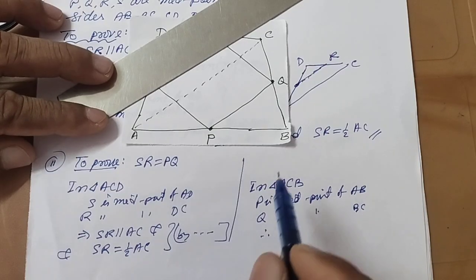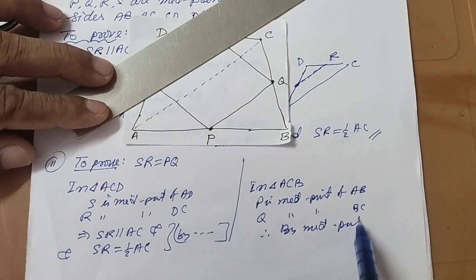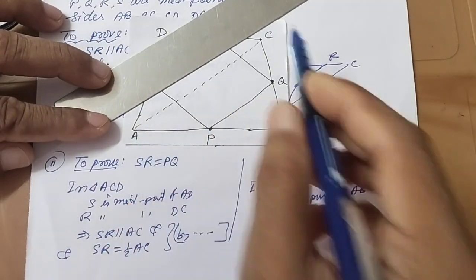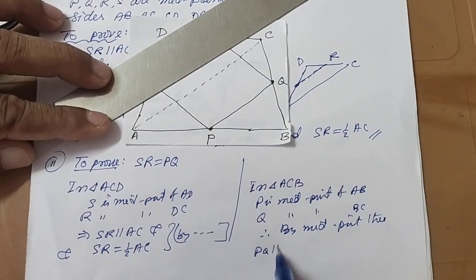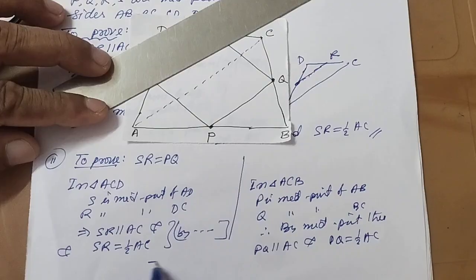Therefore, by midpoint theorem again, we can say PQ is parallel to AC, and PQ is equal to half of AC. We can mark it equation 1, and equation 2.